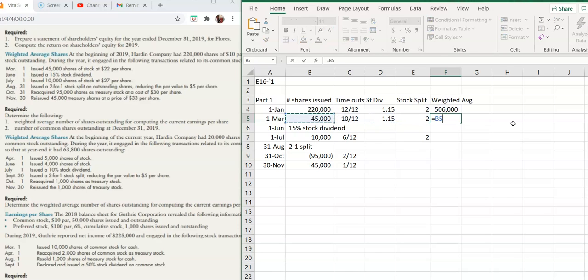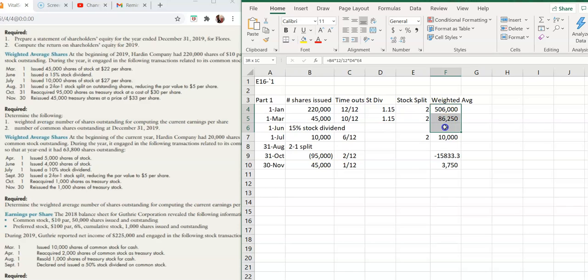And 45 times 10 over 12 times 1.15, plus 10 times 6 over 12 times the 2, minus 95,000 times 2 divided by 12, and 45,000 divided by 12.